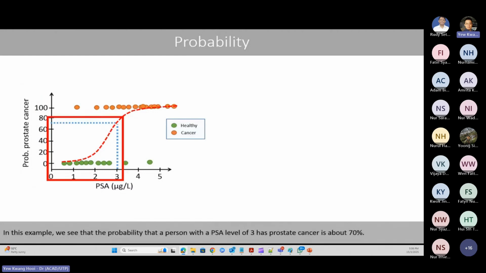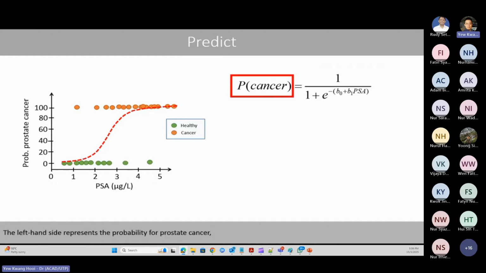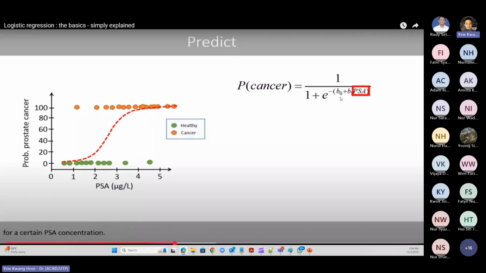In this example, we see that the probability that a person with a PSA level of 3 has prostate cancer is about 70%. The logistic function that is used to draw this curve looks like this. This is the formula. The left-hand side represents the probability for prostate cancer for a certain PSA concentration.